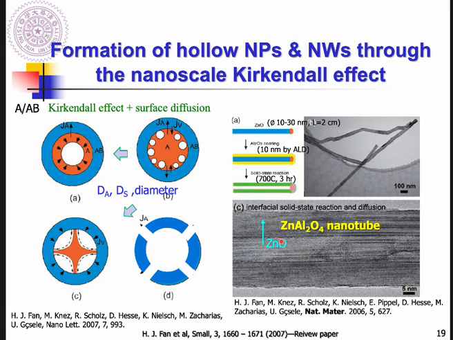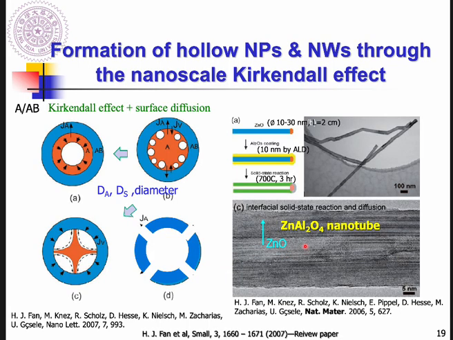So you are going to have more vacancies forming inside this zinc oxide, so you have a chance to get hollow zinc oxide. You have a chance to visualize lots of voids because voids will accumulate to form these hollow structures.